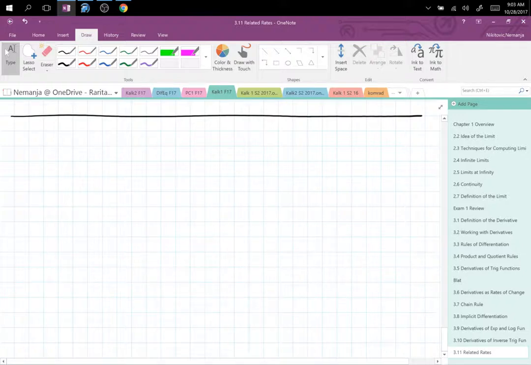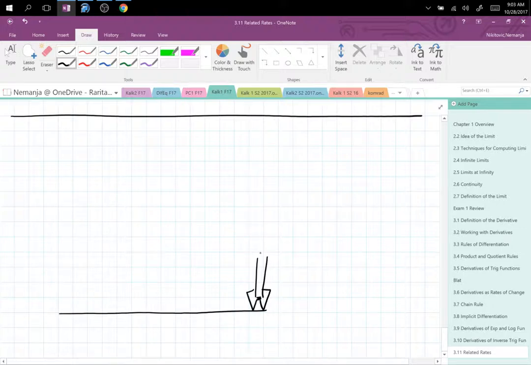So let's take a look at that. Here's Mother Earth. I'll put the rocket over here. Well, it's a rocket.